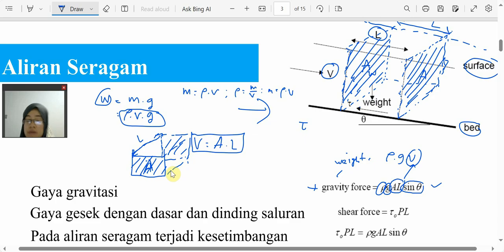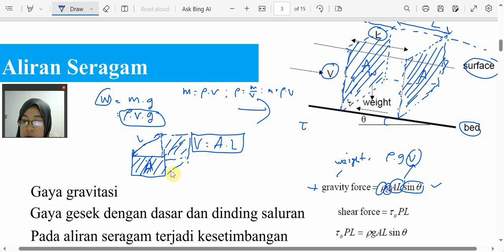And we multiply by sin theta, because the weight acts in the downward direction and the channel is not flat. There is a slope here, so we must include sin theta in the calculations.